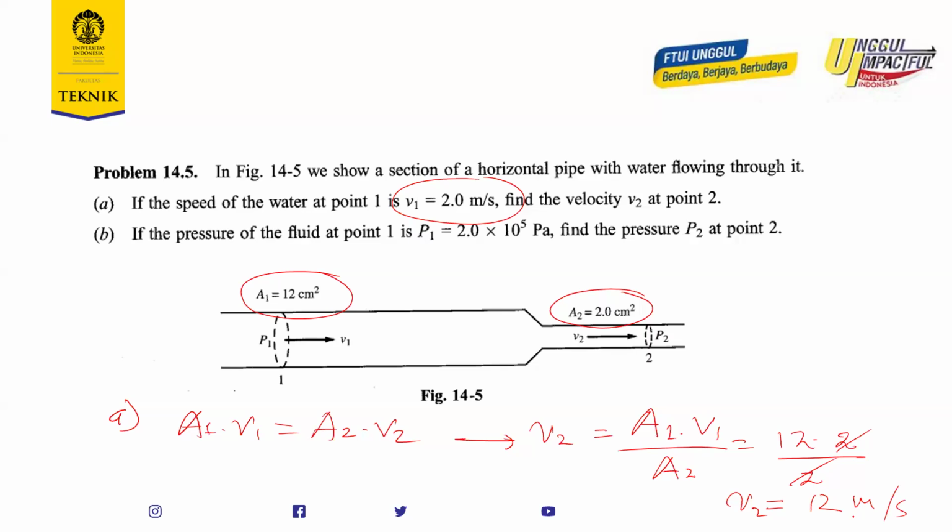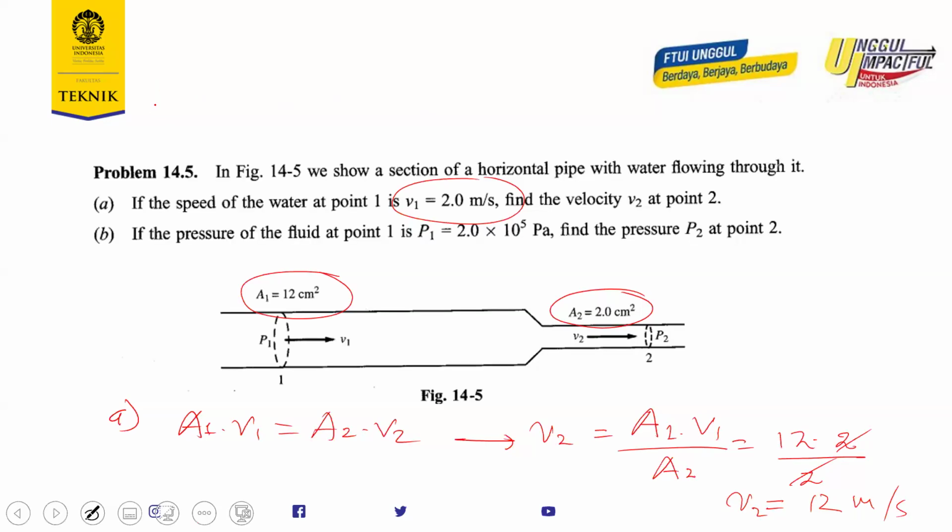Then we calculate the pressure at point 2. We can apply the Bernoulli equation. The Bernoulli equation is P plus rho g h plus half rho V squared is constant, right?